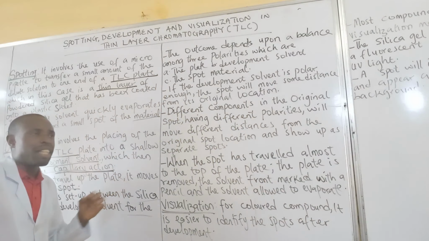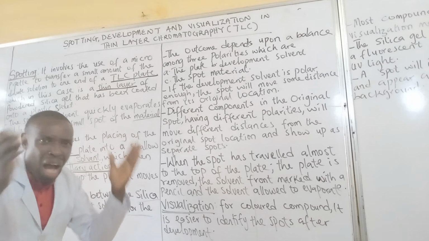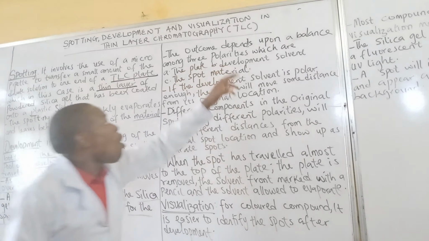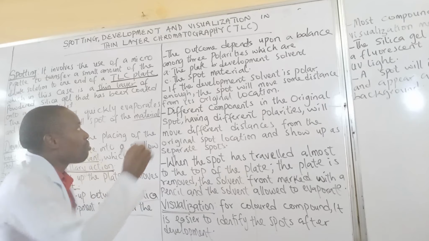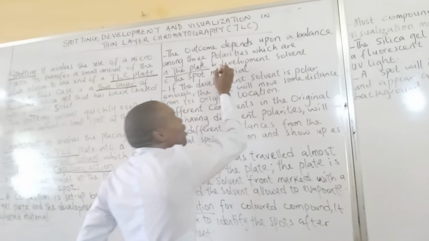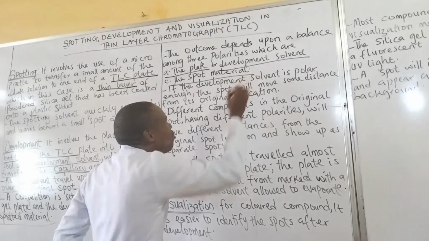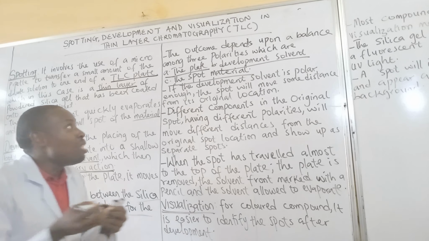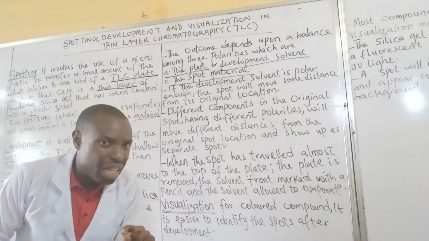Now, please do not forget that the outcome of this development step depends upon three polarities. And what are the polarities? The TLC plate, the development solvent, and lastly, the spotting material. Please do not forget that the polarities of these should be noted.